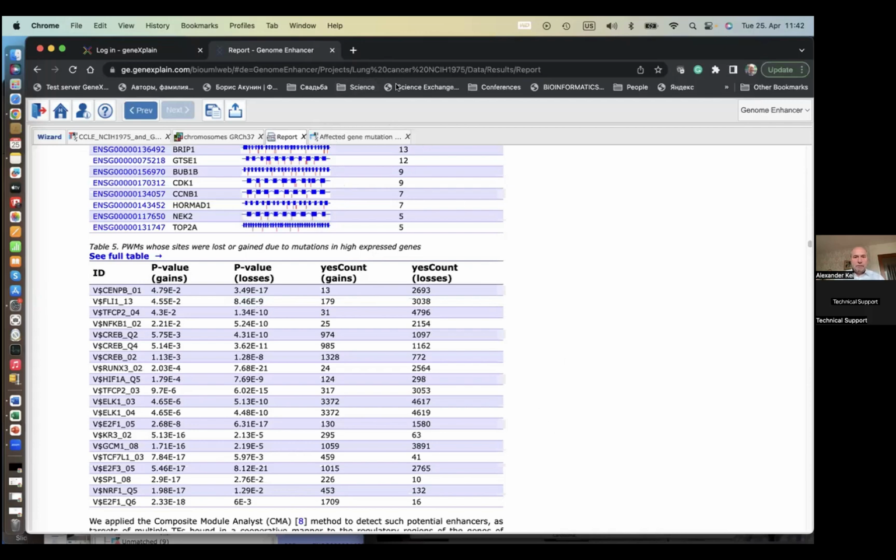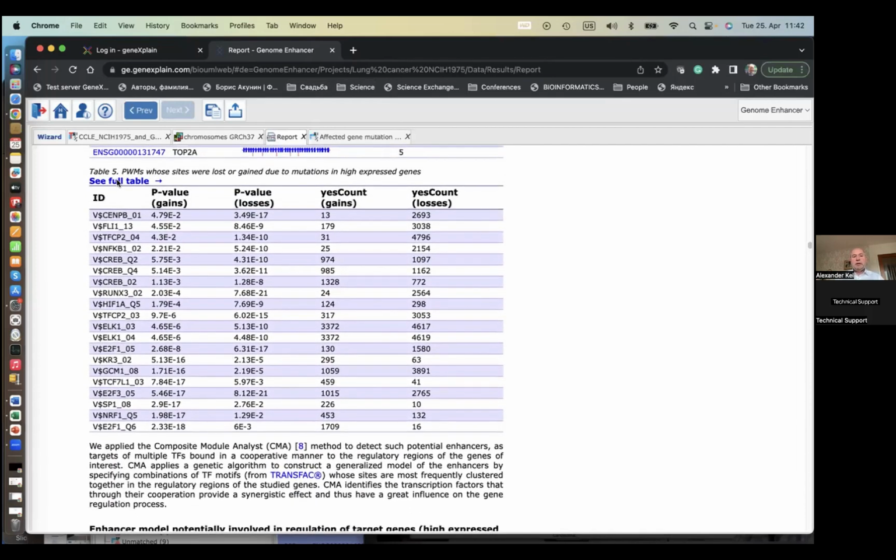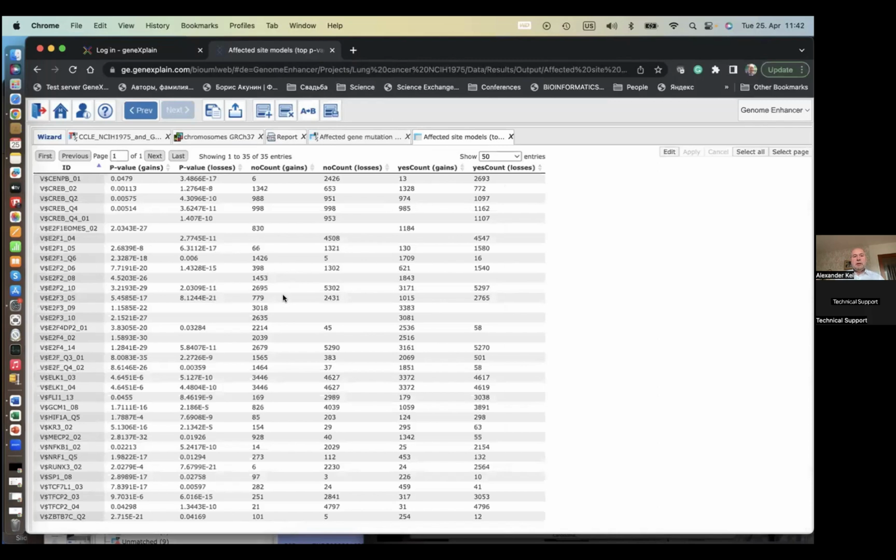Let me go further and close this window. Okay, so we see this table, and actually this table is even bigger. It has 35 entries, which lists all the motifs, all the transcription factor binding site position weight matrices, which we found either statistically significantly lost or gained.